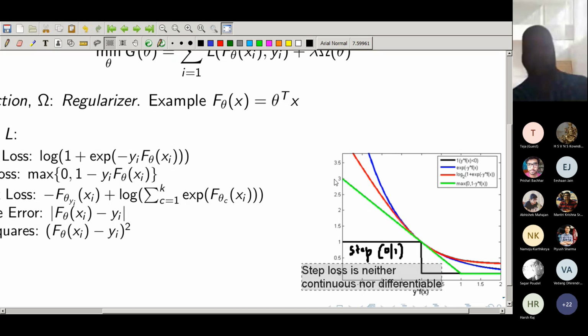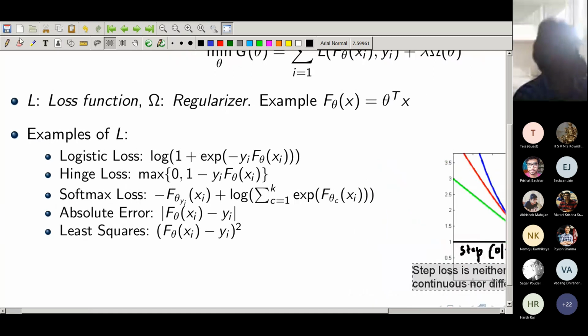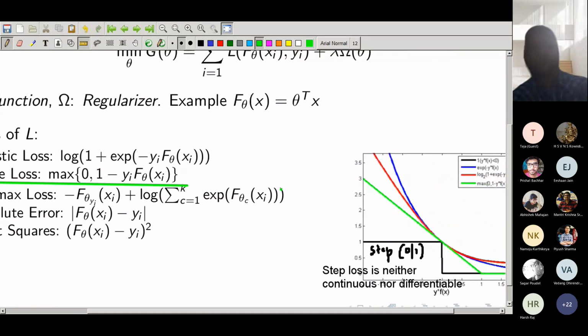So the first example is in green, which is basically a hinge loss. Okay, so you see this hinge loss in green. This is continuous but not differentiable everywhere. Where is it not differentiable? Let's go back to the image here.